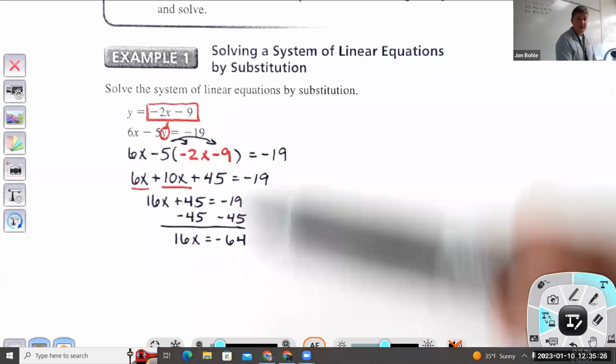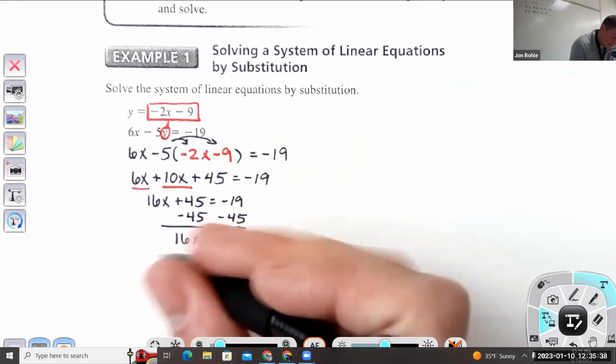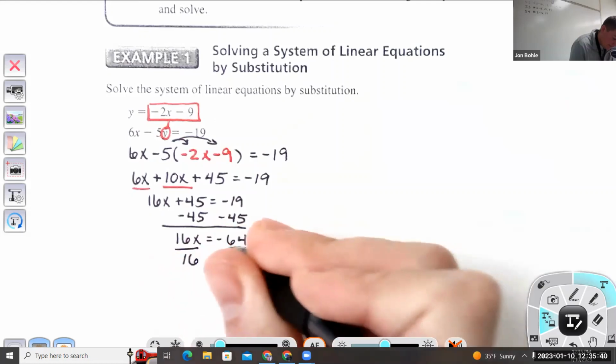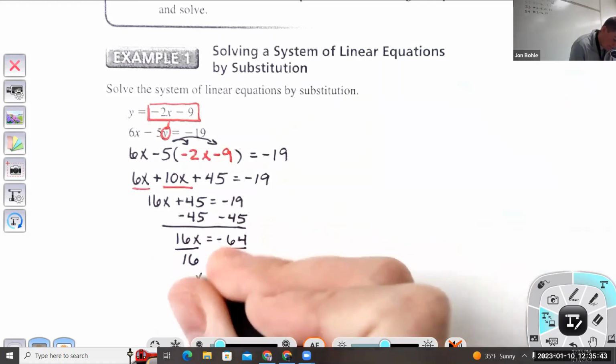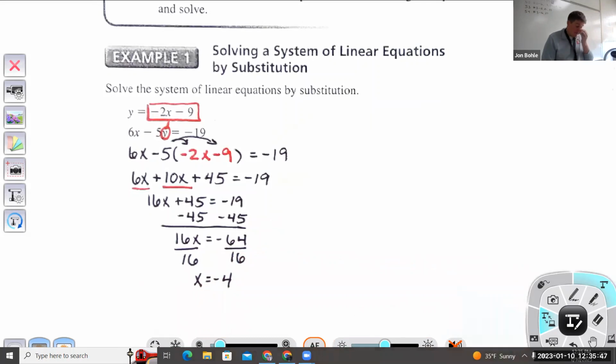You can get a calculator out. You can just go negative 19 minus 45 in your calculator. It would tell you it's negative 64. And what's the last thing I need to do here? Good. Questions about that?